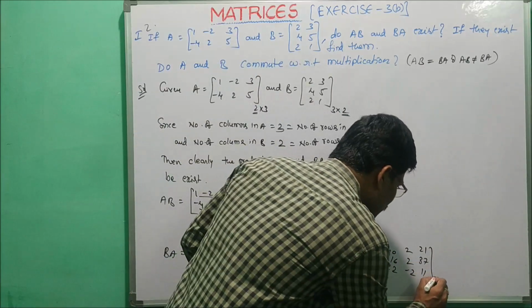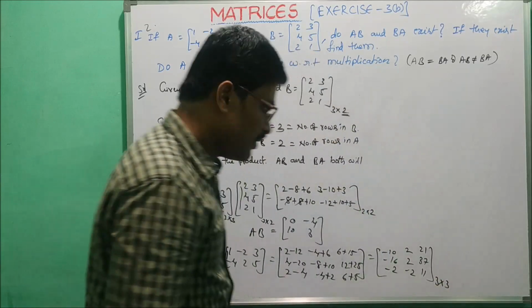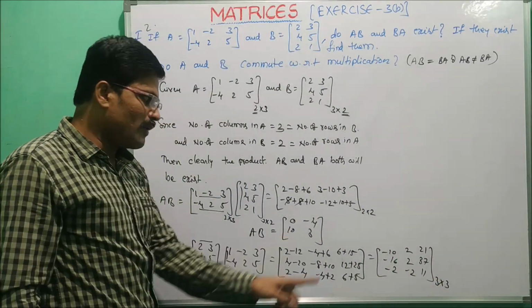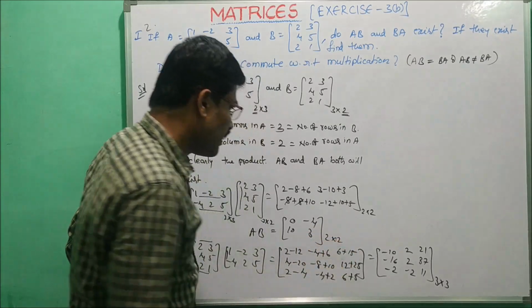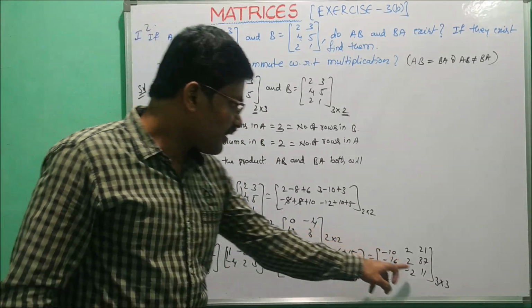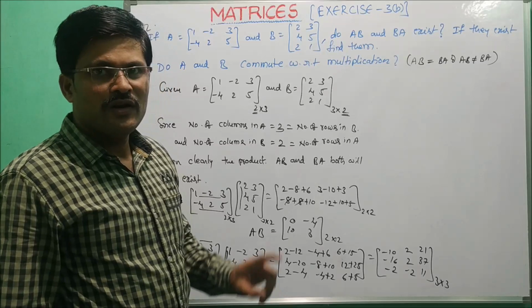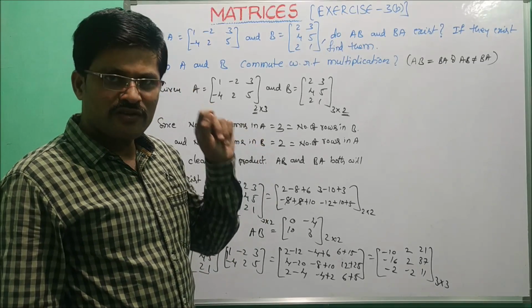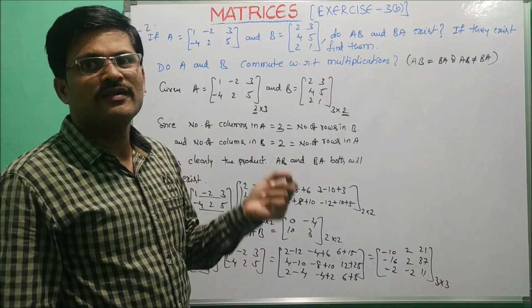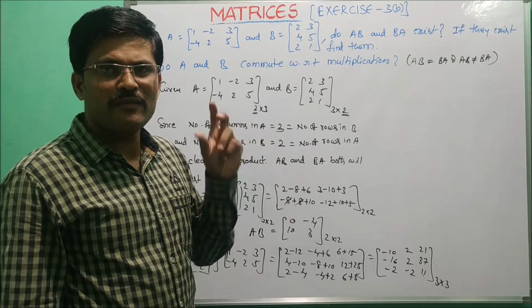Now the order of that matrix is 3 by 3. So order of BA is 3 by 3. Order of AB is 2 by 2. So clearly the orders are not equal. For equal matrices, the first condition is that the orders are the same, and after that the corresponding elements are the same.